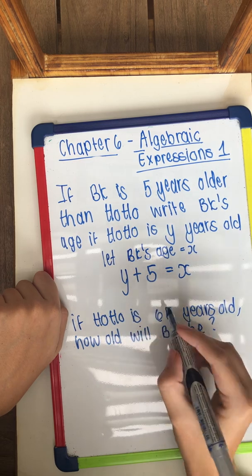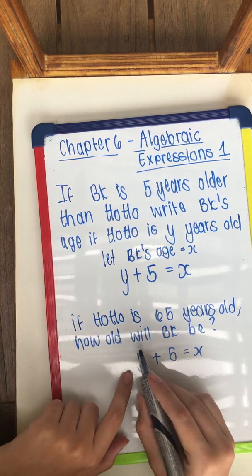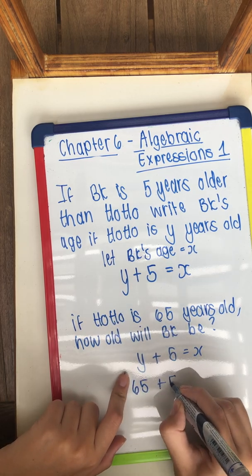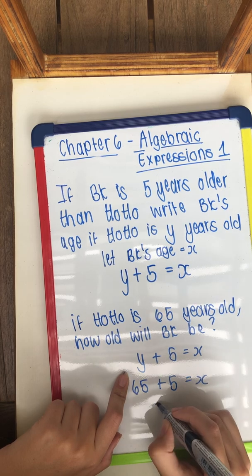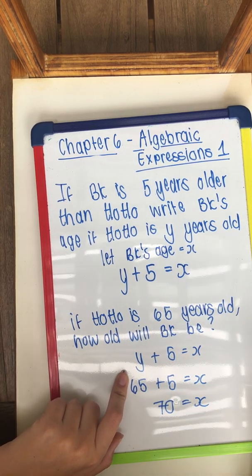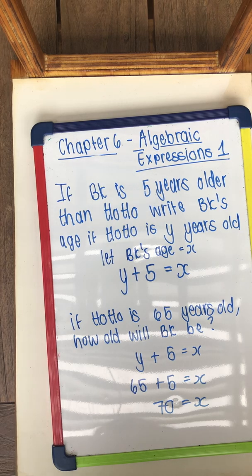Okay, so using this, I've got Y plus 5 is equal to X. My Y is Tlotlo's age, so I know he's 65 now. So I add 5 to get BK's age. So I know BK is 70 years old when Tlotlo is 65 years old. Okay, in the next extra maths, I'll do pages 71 and 72.